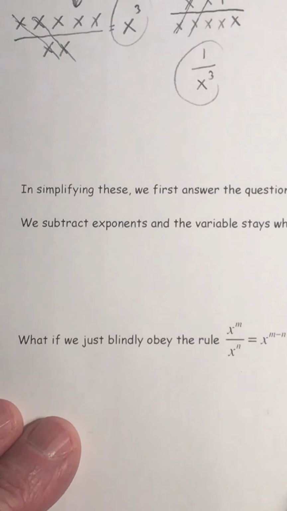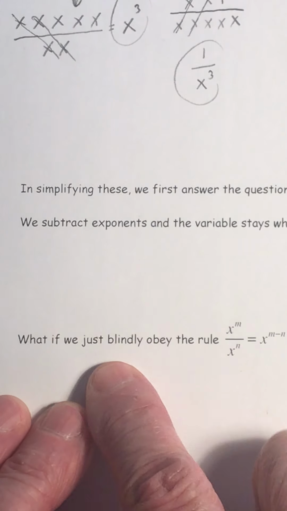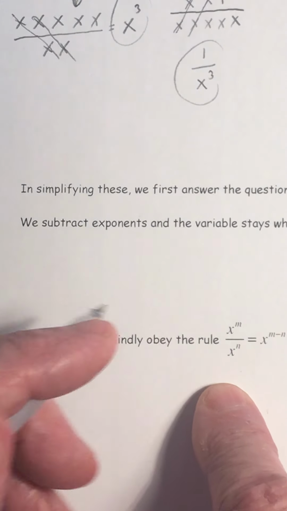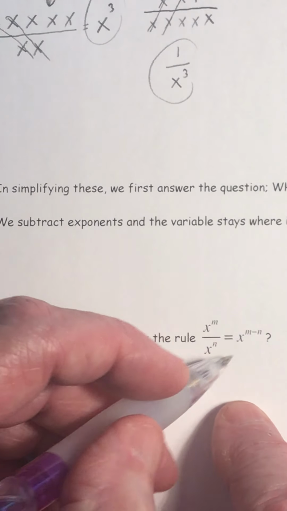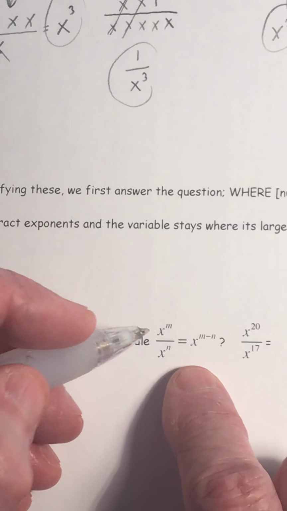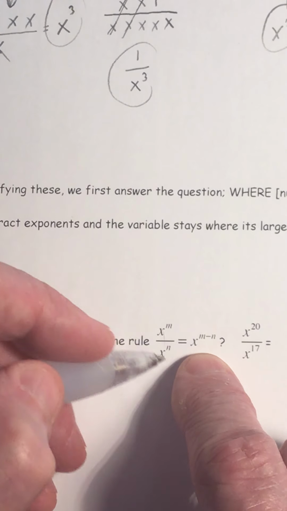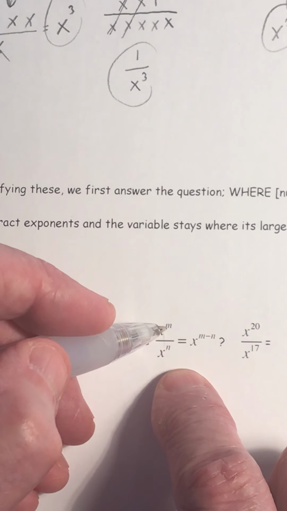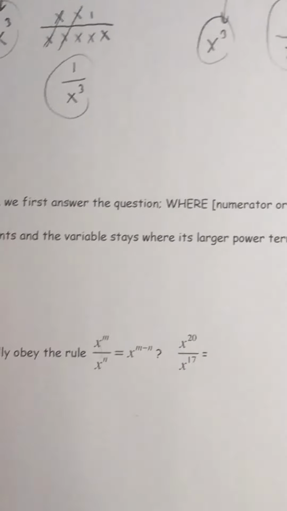So, let's go down here and talk about these things just for a minute. What if we just blindly obey the rule x to the m over x to the n equals x to the m minus n? This is written in your book, so it's saying the answer to simplifying that is to take the exponent from the top and subtract the exponent from the bottom.